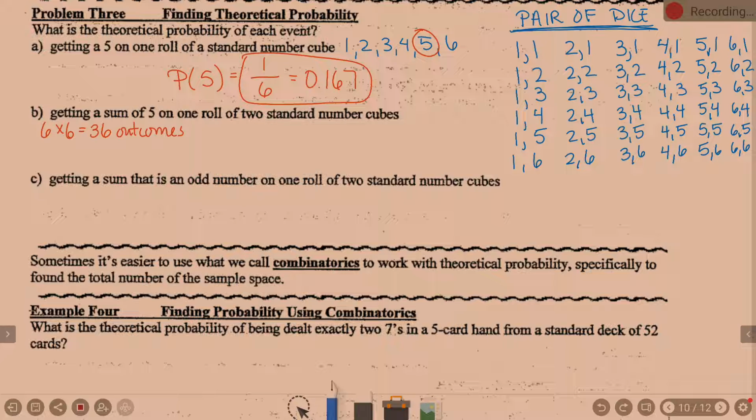Now, what is question B asking us? They want to know, getting a sum of 5 on one roll of 2 standard number cubes. So, sum of 5. Which pairs give me a sum of 5? 1 and 4, 2 and 3, 3 and 2, 4 and 1. How many pairs is that? 4.